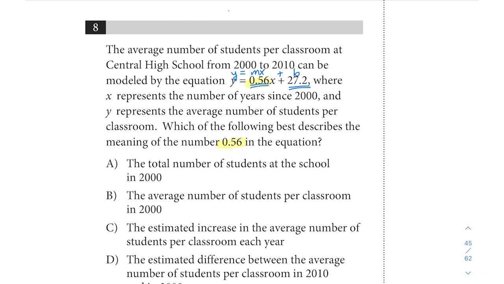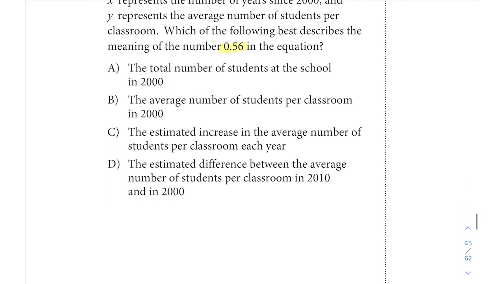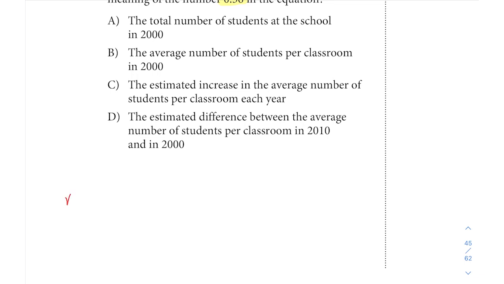And I'll tell you a couple key words that we want to look for in an answer choice. When you're dealing with slope, a slope, by definition, is a rate of change. And so think of slope conceptually as rate of change. And let's think of the type of words that would be associated with a rate of change.